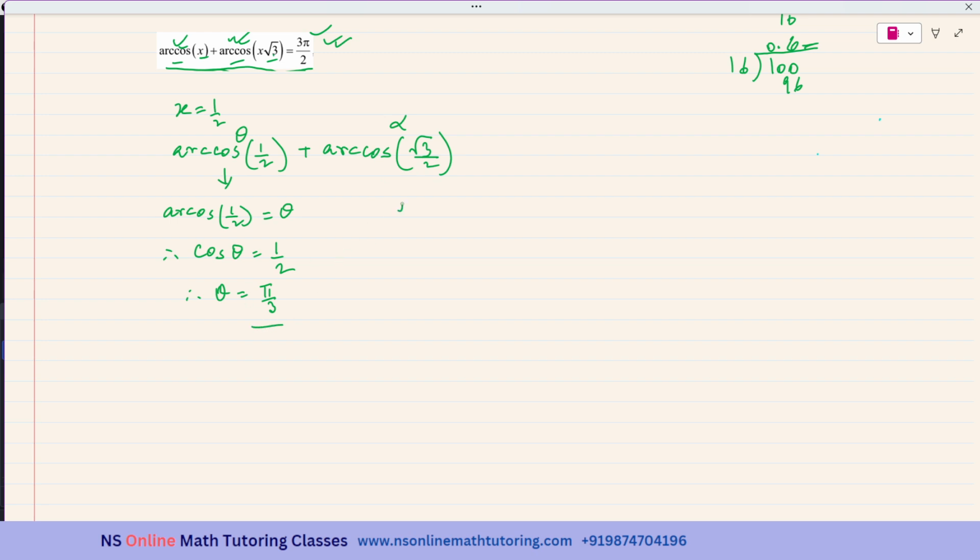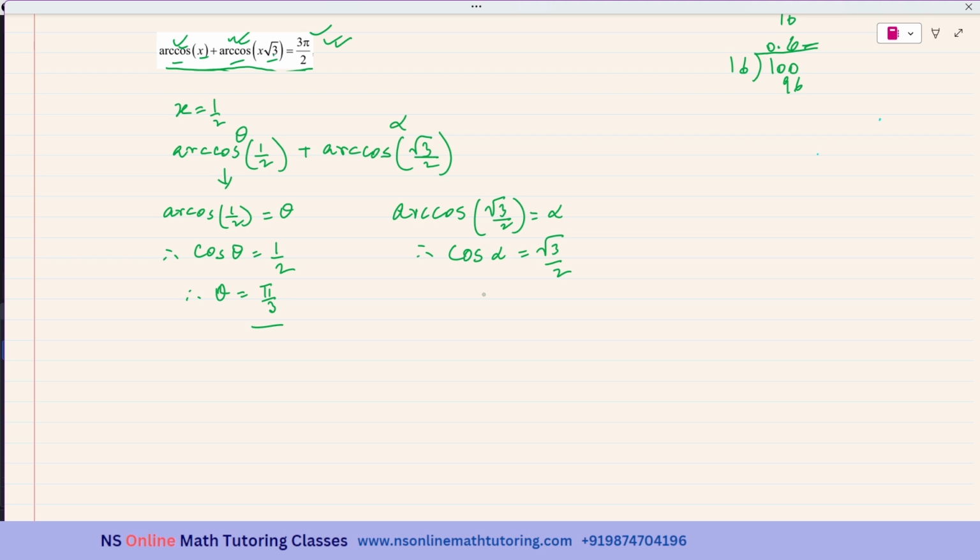So we have got the value of theta. And this was arc cos of root 3 over 2 is equal to alpha. Therefore, cos alpha equal to root 3 over 2. Again, a positive number, so alpha will also be an acute angle and it will be pi over 6.